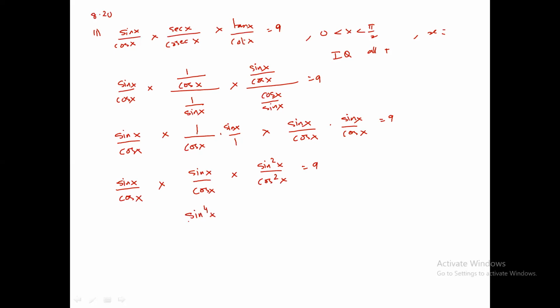So total I have sin power 4 x by cos power 4 x equal to 9, or sin x by cos x whole power 4 is 9. That means I can write sin square x by cos square x is square root of 9.